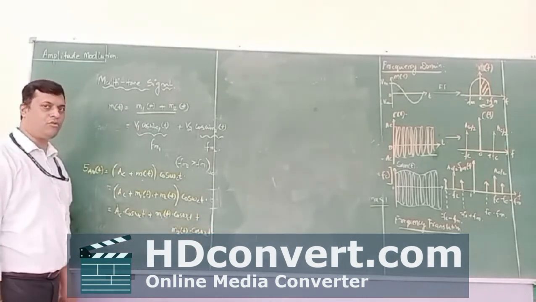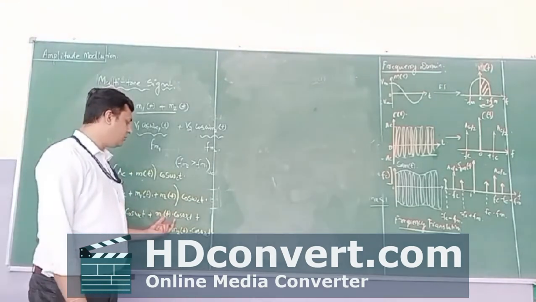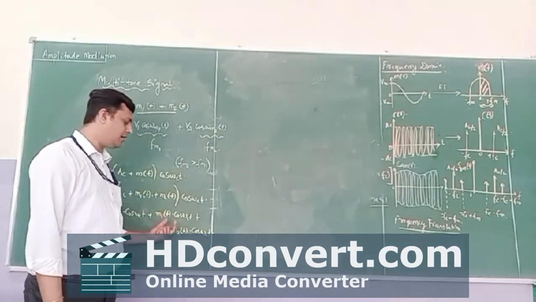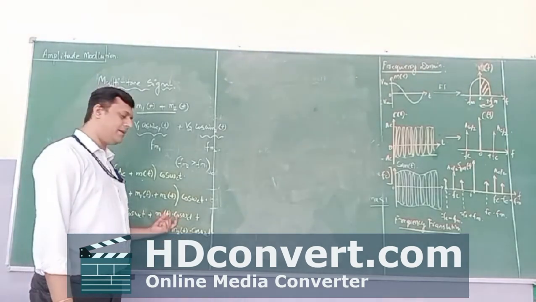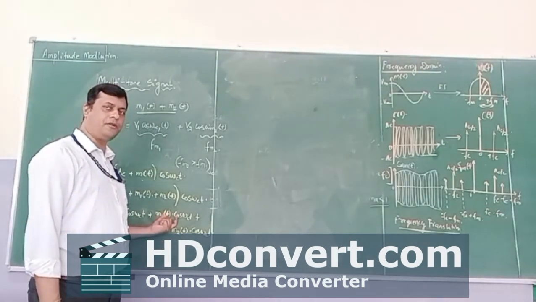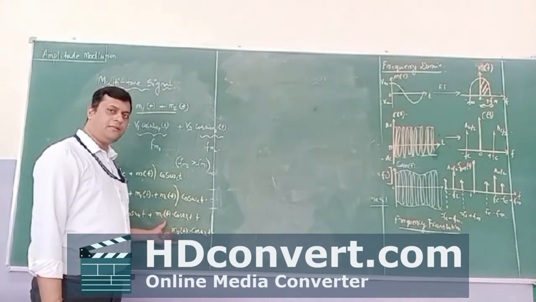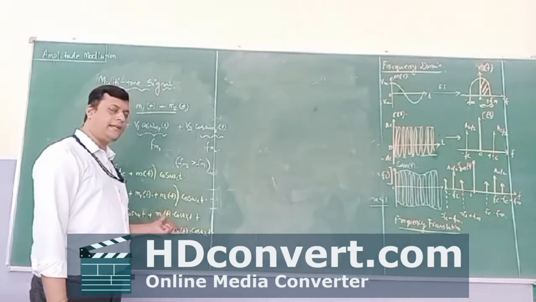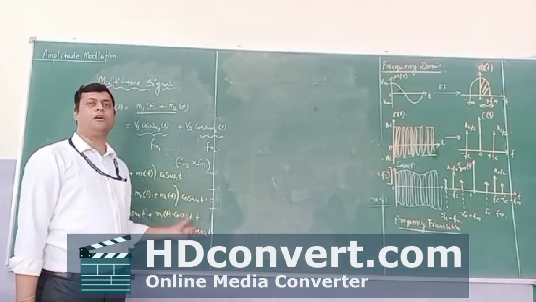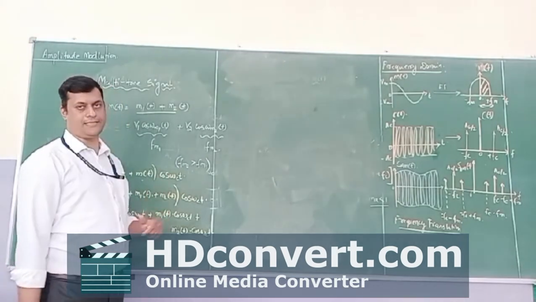So more than one sideband signal is available: two sidebands for m1 and two sidebands for m2. If it is a single tone, the upper sideband and lower sideband correspond to the message component, but here two sets of sidebands are available, so two message components are present. That means we have to identify the two other frequency components.